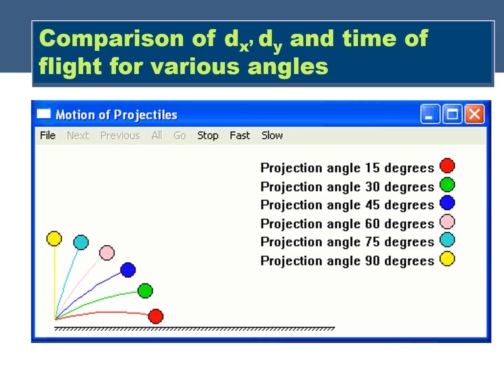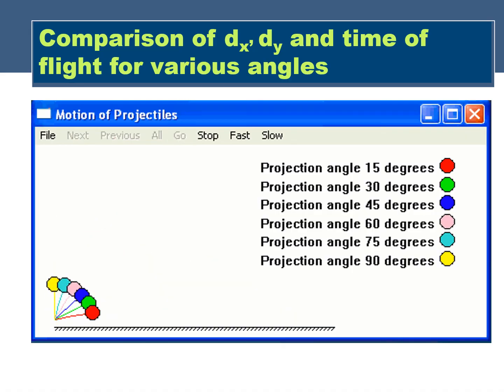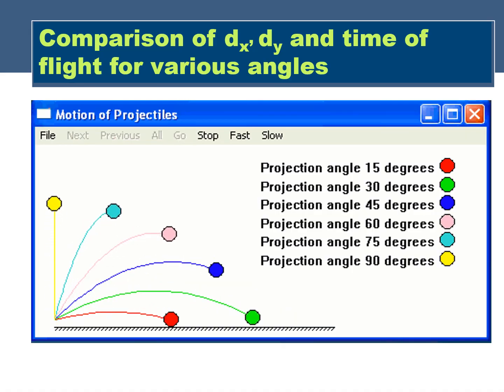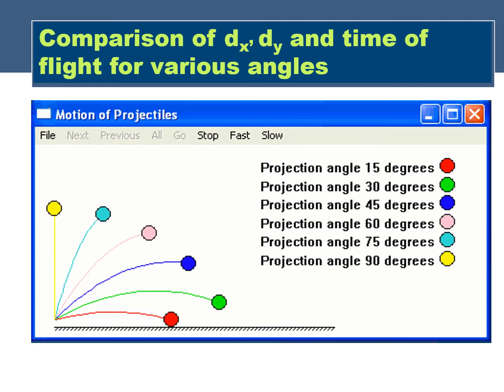Observe the maximum height reached by the objects at these angles, and also the maximum range. Remember that the higher the object reaches, the longer it stays in the air. Observe the angles that reach the same range.